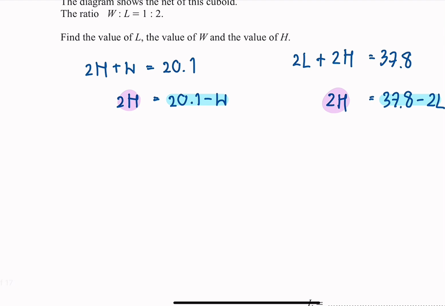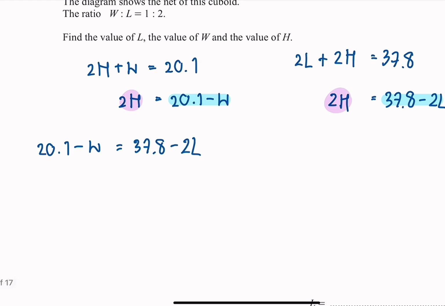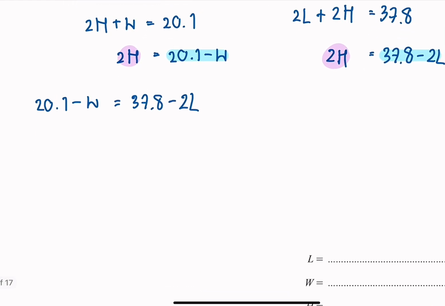Therefore, 20.1 minus W is equal to 37.8 minus 2L. And then 2L minus W is equal to 17.7.